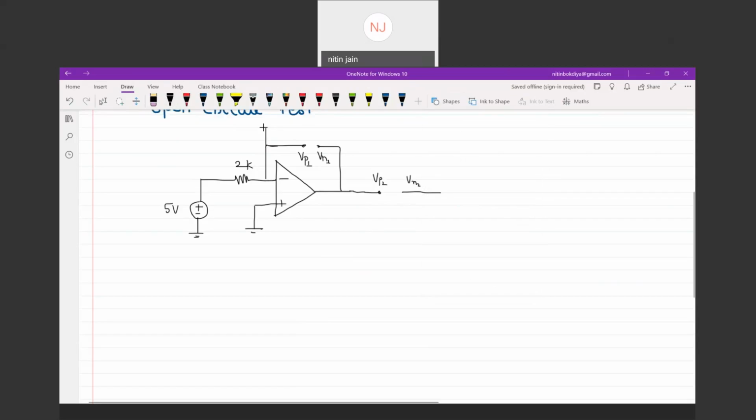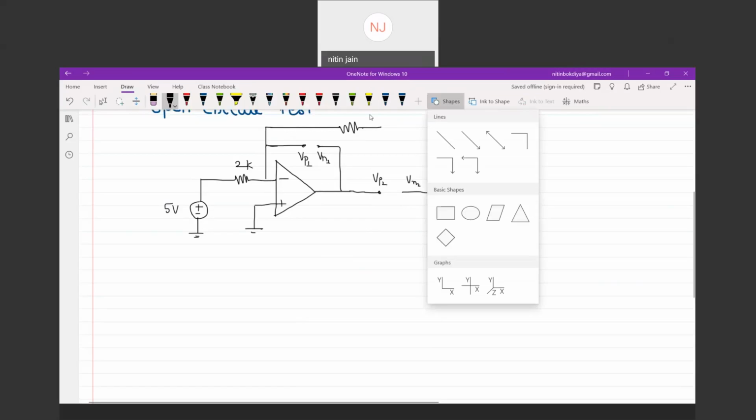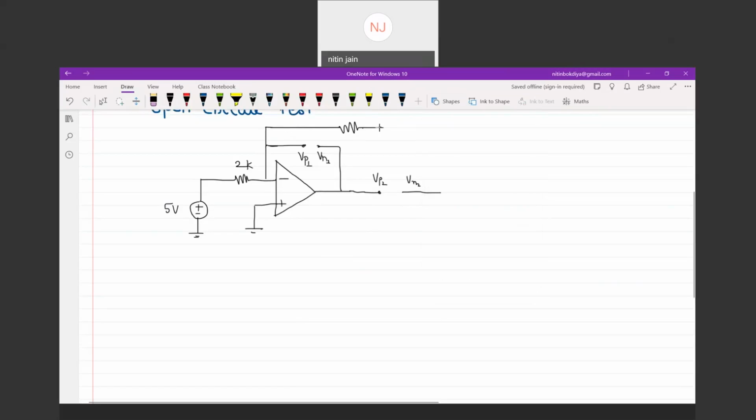Now what we can say, a resistance R is connected. So let's take one resistance R, and this resistance is connected like this.